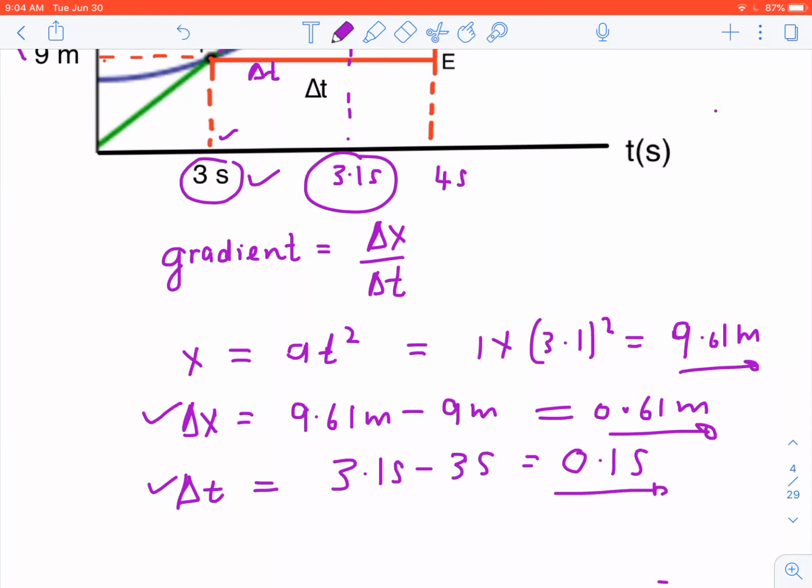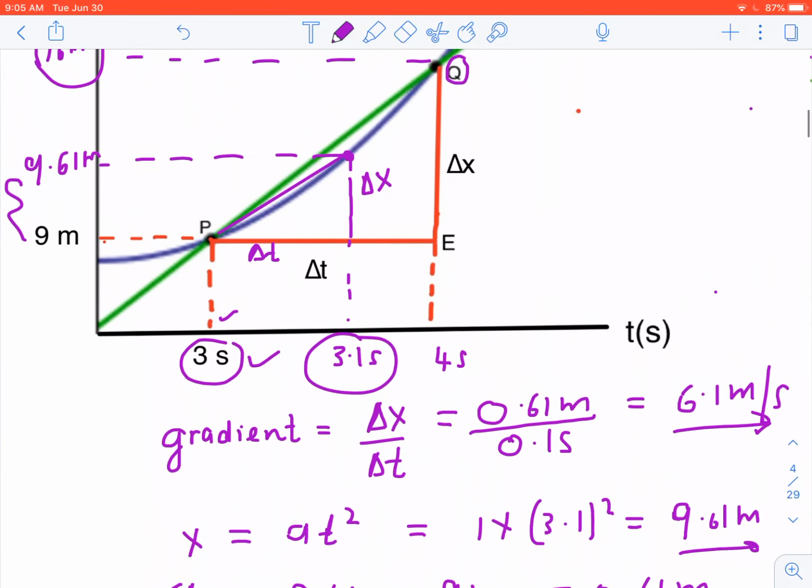Now we want to find the gradient. So what's the gradient of this? It's going to be 0.61 meters all upon 0.1 second. And what is the gradient here now? It's 6.1 meters per second. Right, we started off by having 7.